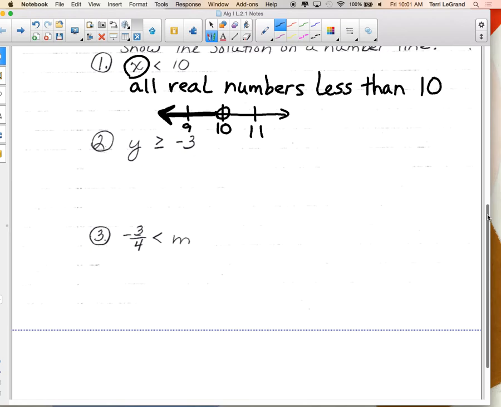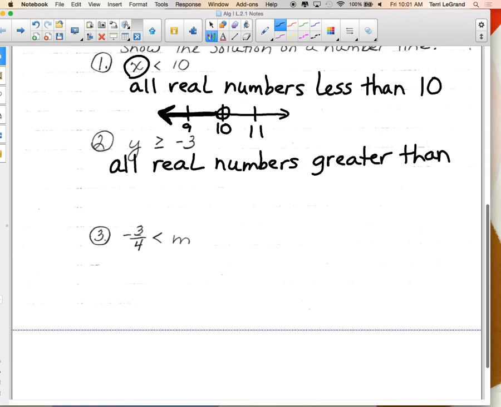So what would we say for this one? What does this solution set say? y is greater than or equal to -3. So y is really representing what? All real numbers, the numbers on the number line that are greater than or equal to -3.